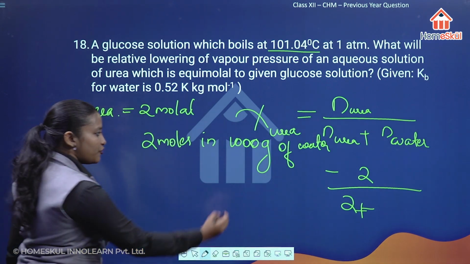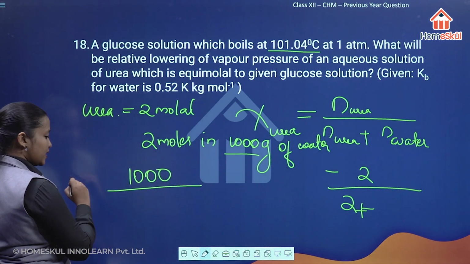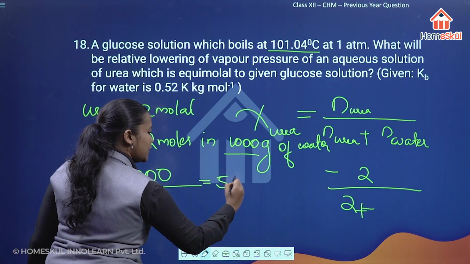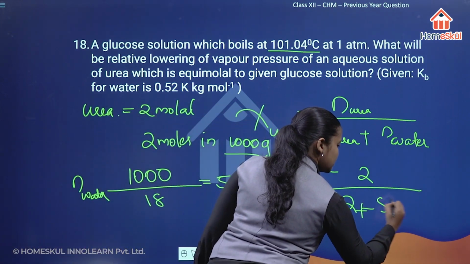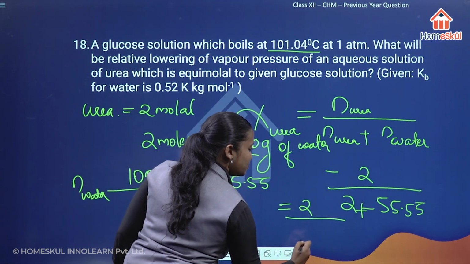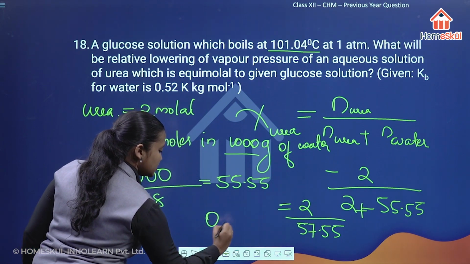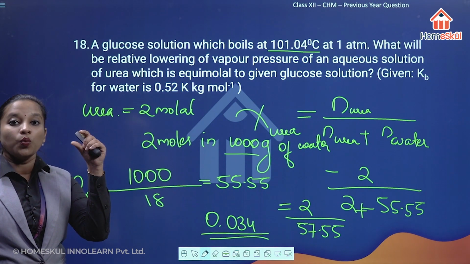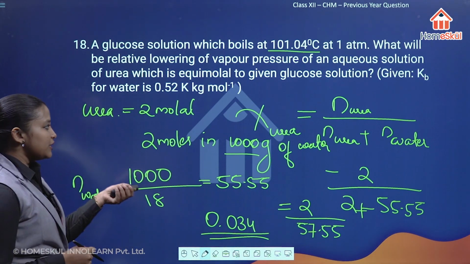We can calculate it from this data: 1000 divided by the molecular mass of water, that is 18, we get 55.55. Just substitute this value here, that is 2 divided by 57.55, we finally get the value 0.034. This is the relative lowering of vapor pressure in this case. I hope that is clear for you.